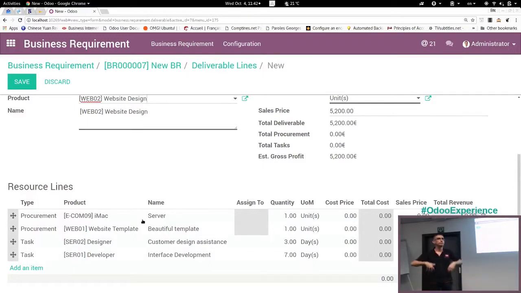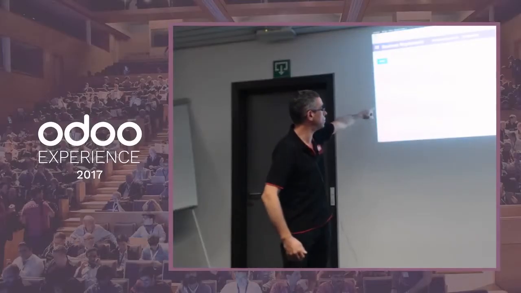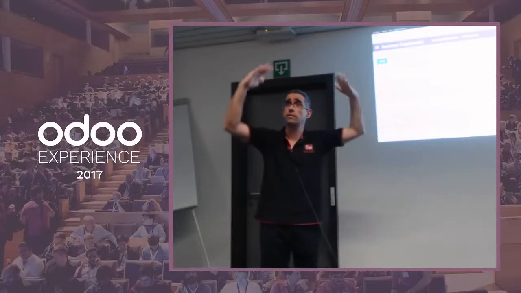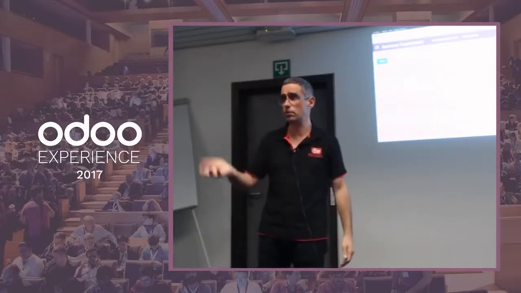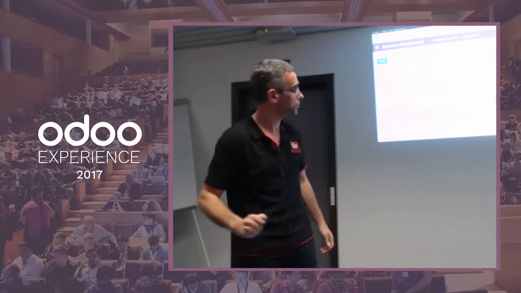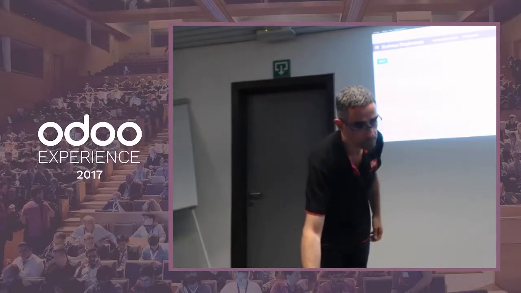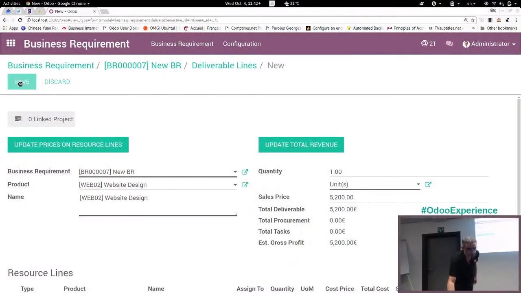If I know that, for example, for gap analysis, I always need 3 days to do the gap analysis, then automatically I would say, okay, one gap analysis, and automatically here I would get all the resources that I would expect to do for the delivery. Okay, save.